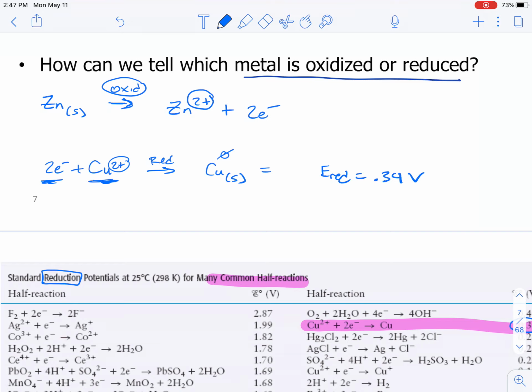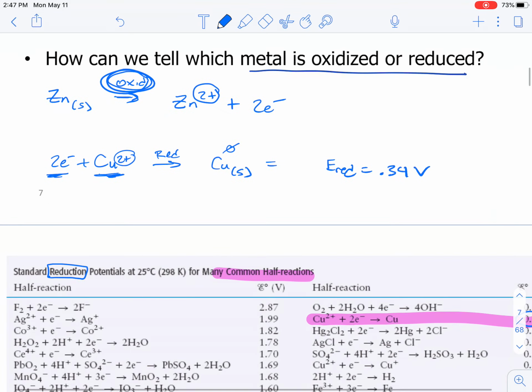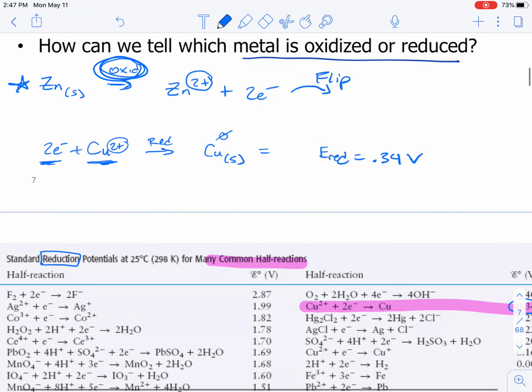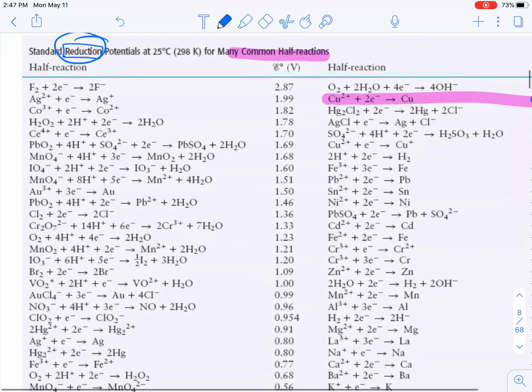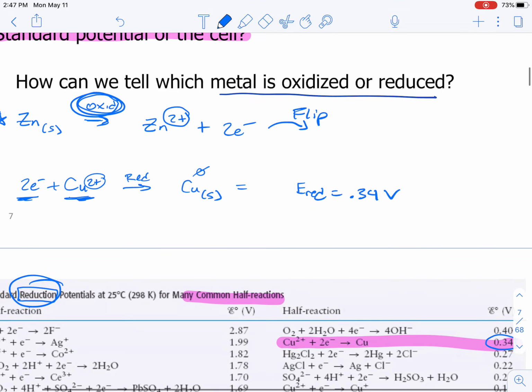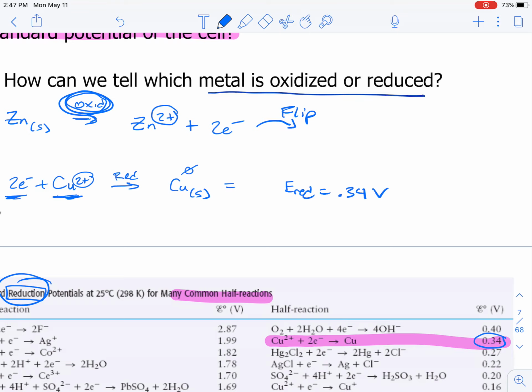And so I'm going to look for oxidation involving zinc. The tricky thing is that since this half reaction is representing oxidation, we actually have to flip this equation so that we can match it up in our standard reduction potential table. So we're going to flip this temporarily.